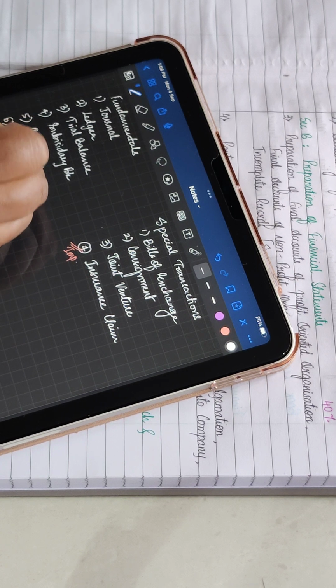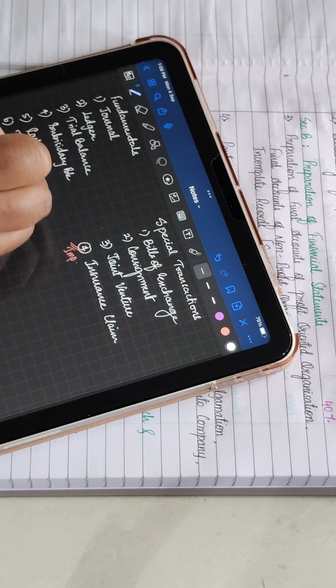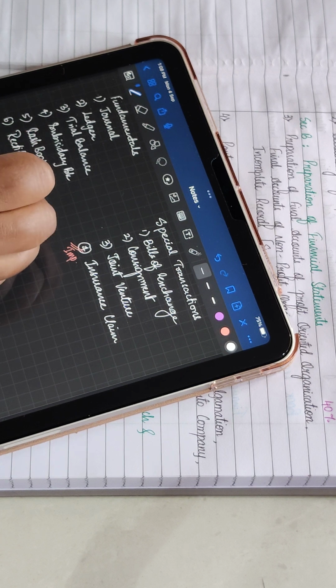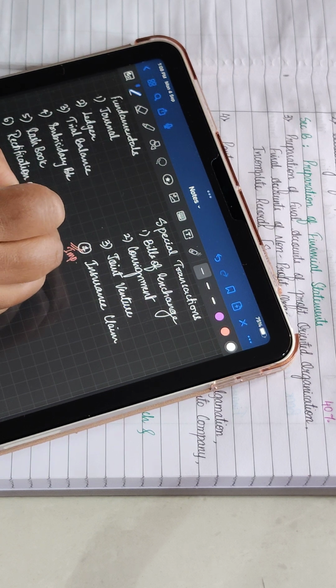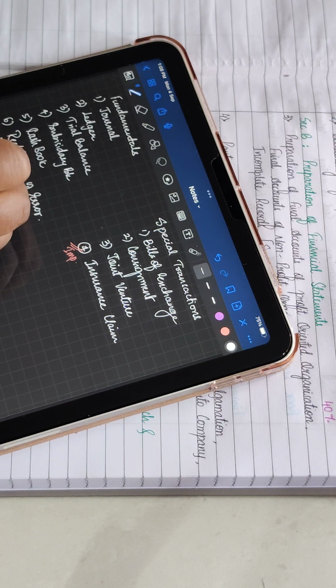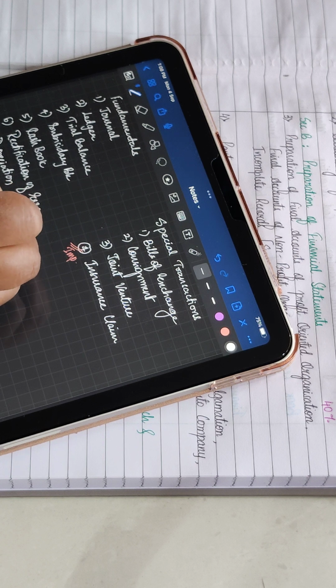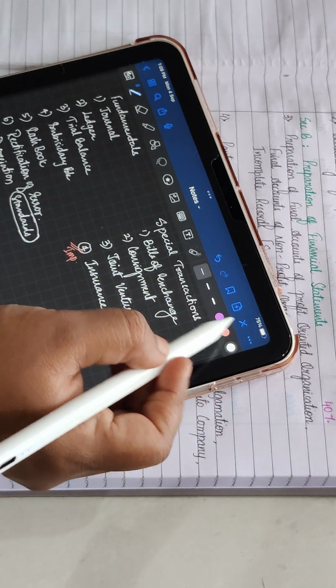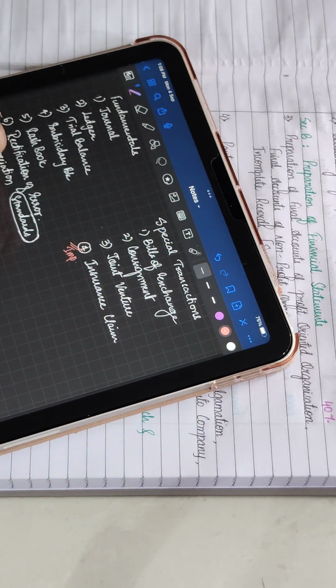This is a very important chapter, where every year they have asked in paper, favorite of the institution. Now depreciation. Okay, this is also covered in standards. This part is important.